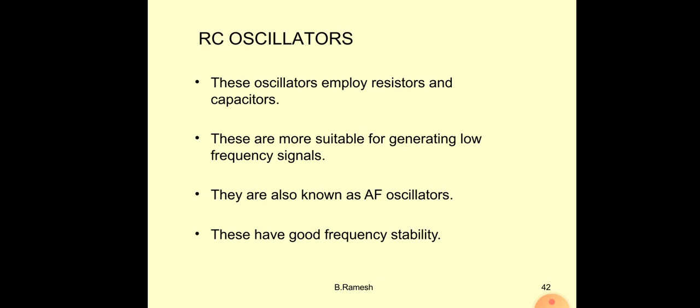They are also known as audio frequency oscillators. They have good frequency stability because we are not using an inductor. An inductor has some losses, eddy current losses and hysteresis losses, so because of that the produced signal is not stable. Frequency stability is not good when you use LC components.